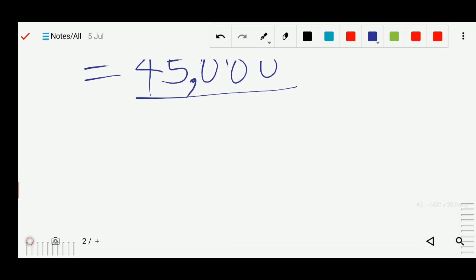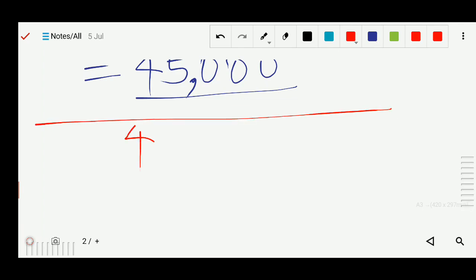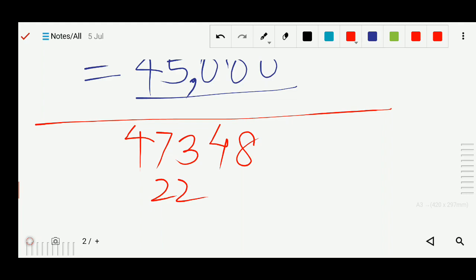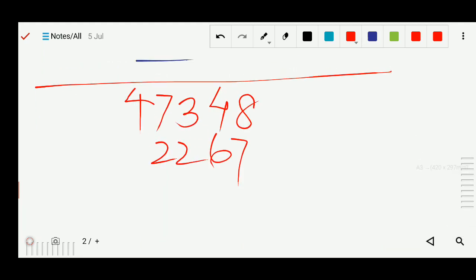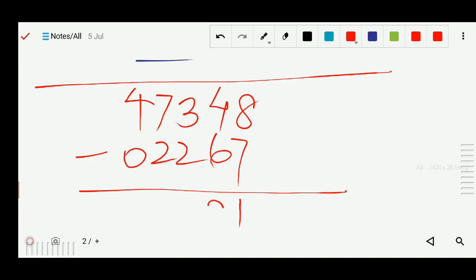So how we will check? So the question was 47348, and we have to subtract 2267. So here we will subtract. So here will be 45081.